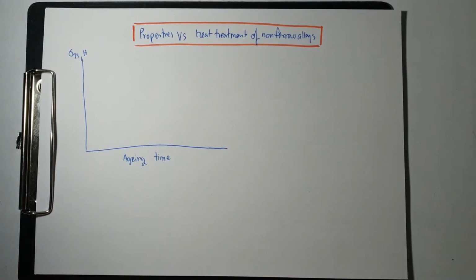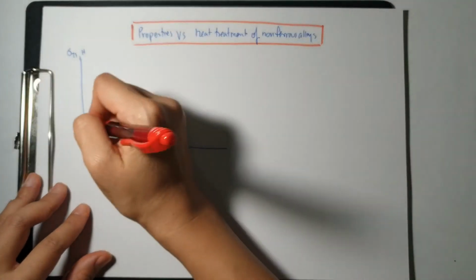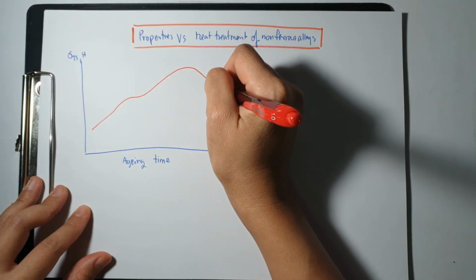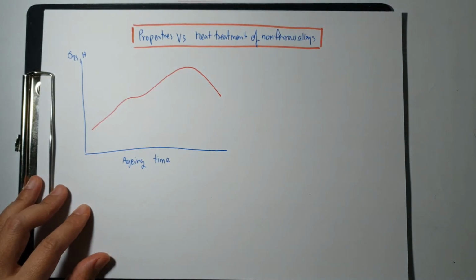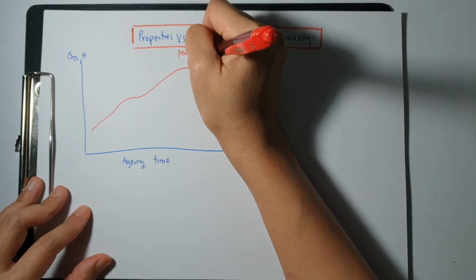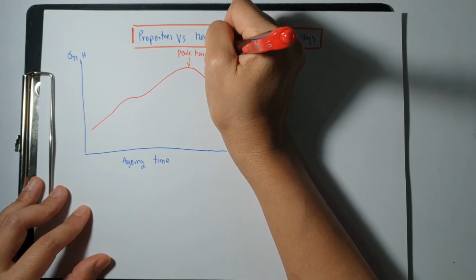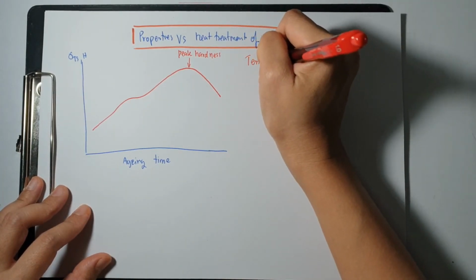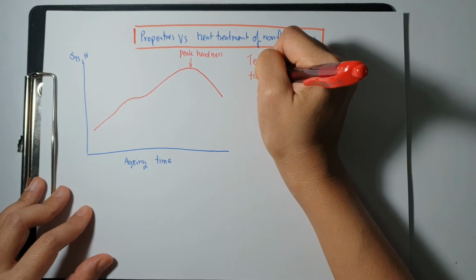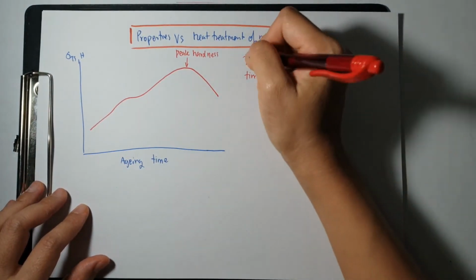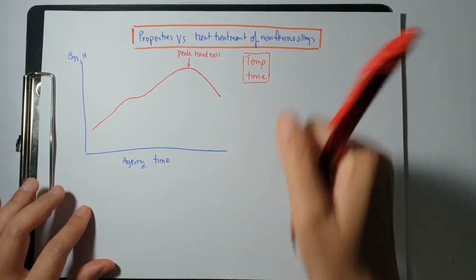Okay, and the hardness or strength will develop through the aging time until reaching the peak hardness, and then goes down. So what we need here is the peak hardness, and we have to find out what kind of temperature and time required to have peak hardness. Okay, this is what we have to find out.